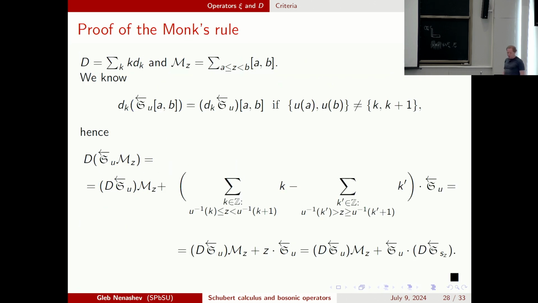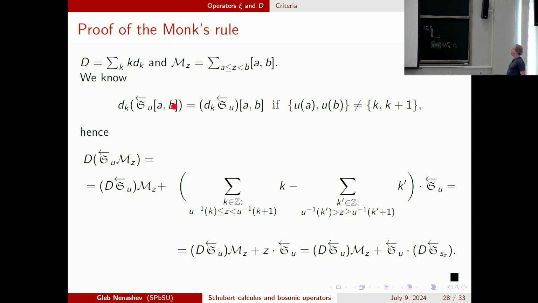Okay, let's show how to prove Monk's rule using this technique. D is just the sum of operators dk, where we multiply by sk on the left. And mz is just this Monk's rule which we really want.